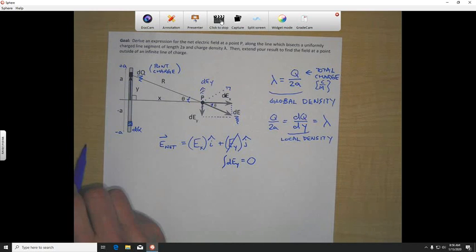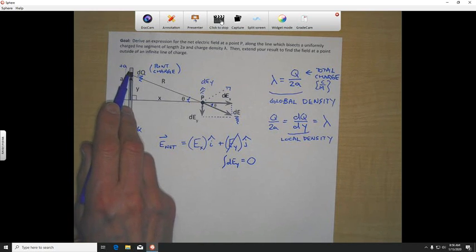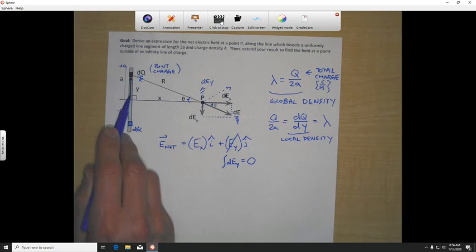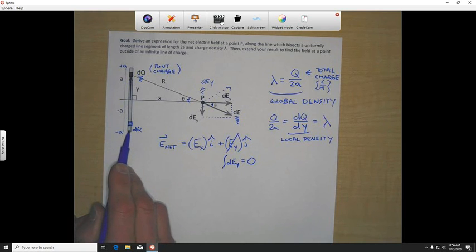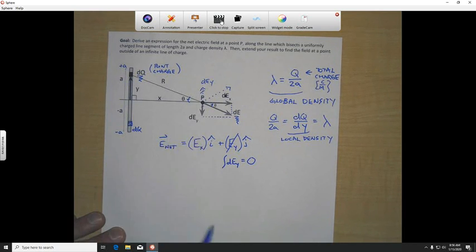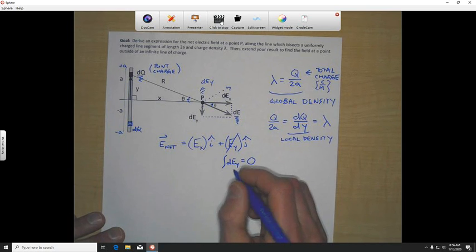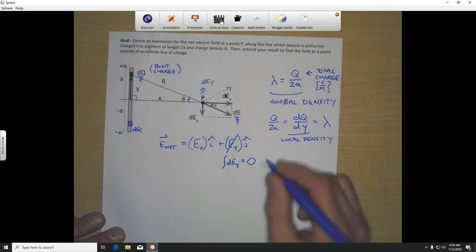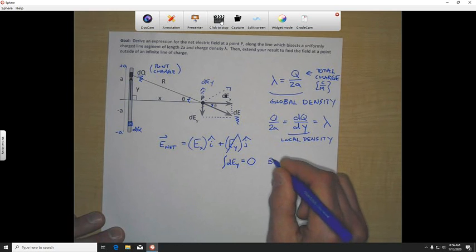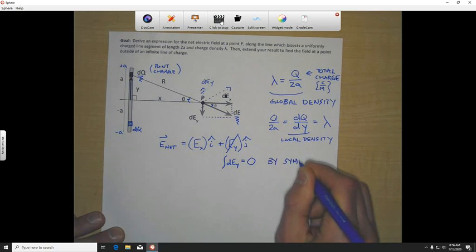And my point would be for any dQ that you can imagine on the top half of the line, there's going to be a corresponding dQ on the bottom half which cancels, where the electric fields cancel. So what we say in physics is that when this happens, you can say that cancels out to 0, and the argument we use is we say by symmetry.